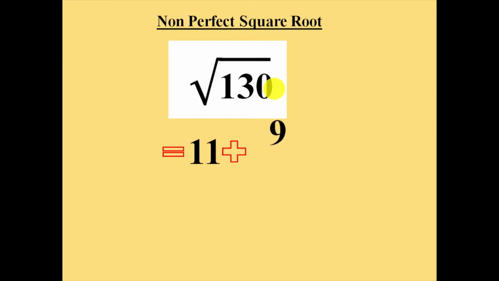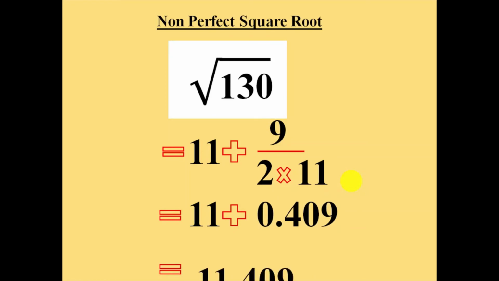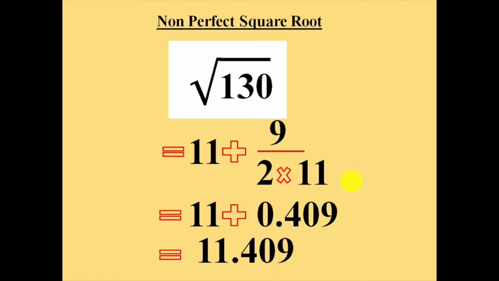Write that value here, divided by 2 times this number 11, which will make 11 plus 9 by 22, which will become 0.409. Finally, the answer is 11.409, which is not a perfect square root.